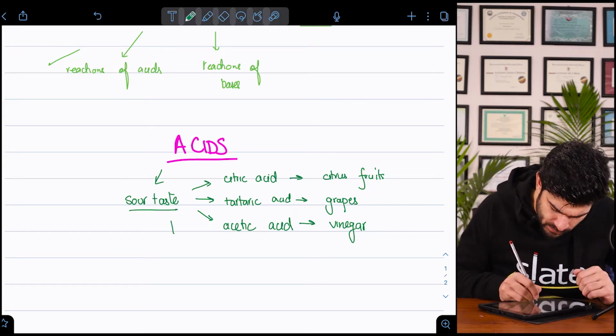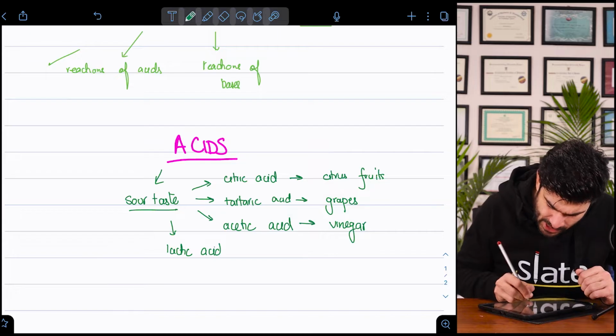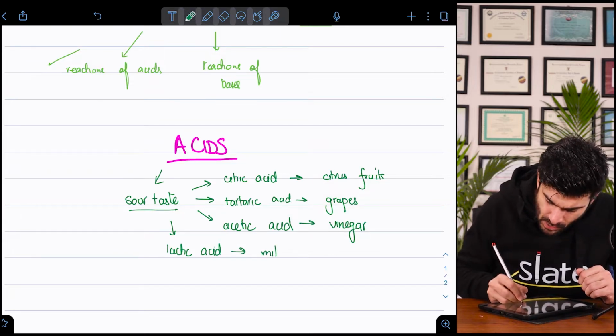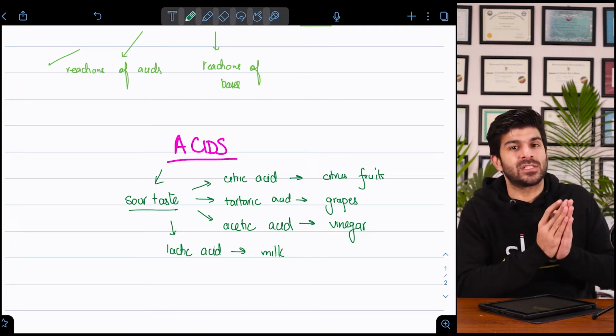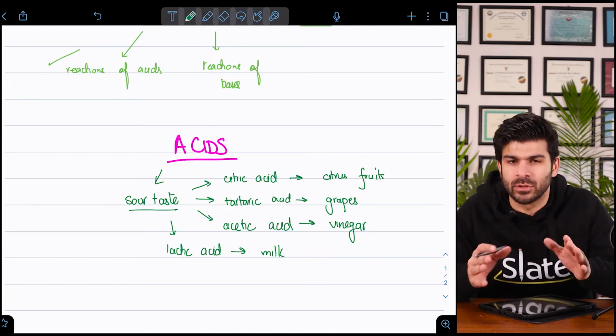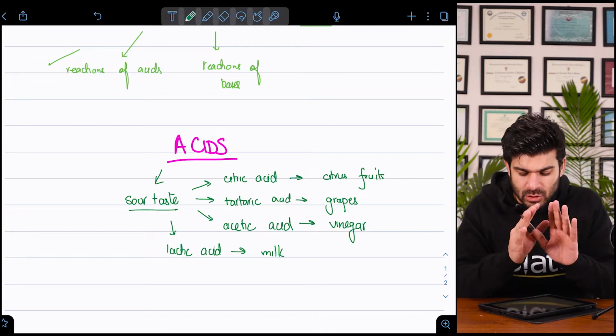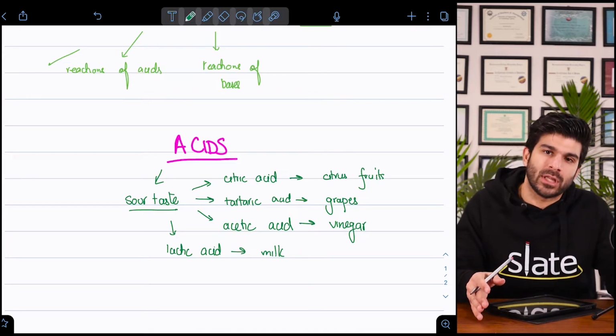Even when we talk about another one, lactic acid, it is found in milk and yogurt. When we say that the milk has turned sour, that becomes yogurt. So even this has the tendency of becoming sour. I know this has no relationship to chemistry, but it is easy for you to recall that.